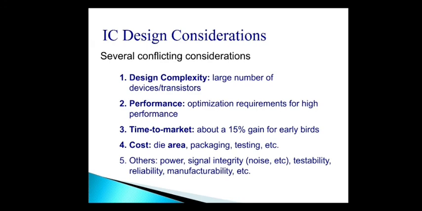That means if I have developed my IC in the month of June and another manufacturer has designed it in July, I will gain 15% more as I have developed it earlier. Next is cost. The cost of packaging and testing is also considered in designing. Next is other. Other includes power, signal integrity, testability, reliability, manufacturability, etc.